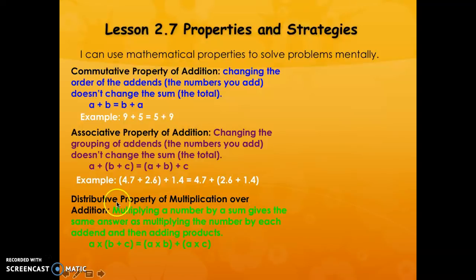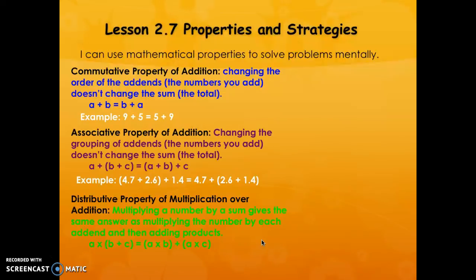Then finally, we have the distributive property of multiplication. This is going to sound a little confusing, but hang in there. So when you are multiplying a number by a sum, it gives the same answer as multiplying the number by each addend and then adding the products.